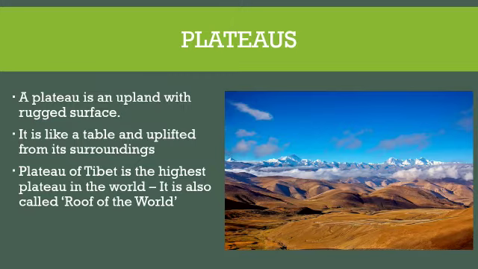In the middle of mountains and plains, plateaus are situated. They are not much higher than mountains and are not flat land. These are plateaus. They are just like a table land, an uplifted portion surrounded by plain area.